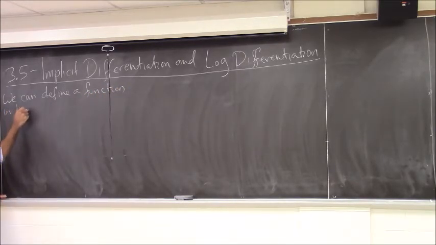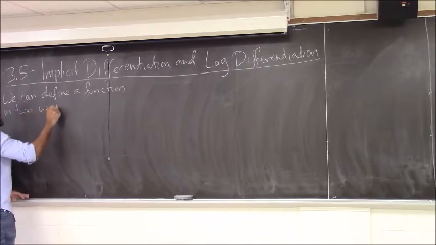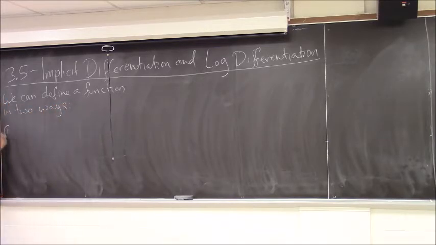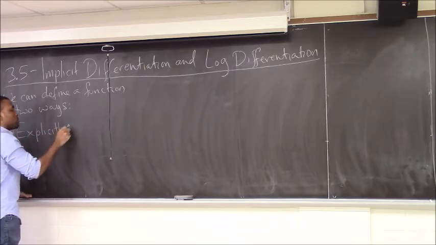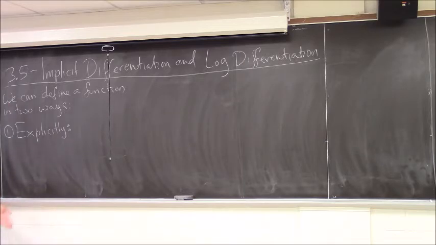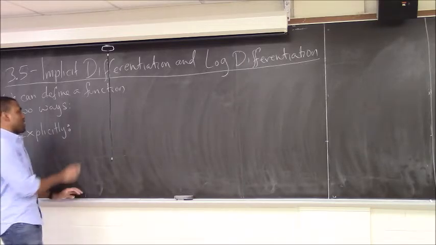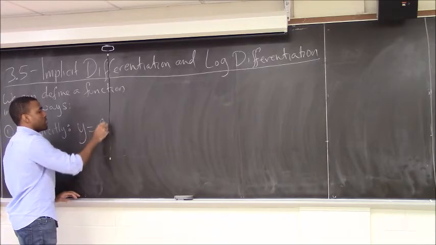There are two main ways to define a function, really. One, we can define that function explicitly. This is kind of how you've always defined functions your whole life, right? This says y is equal to some function of x.